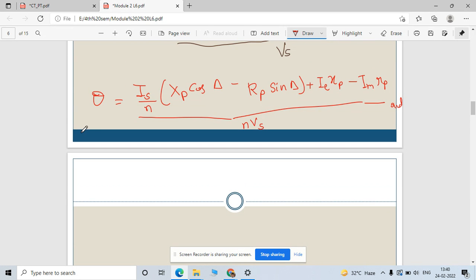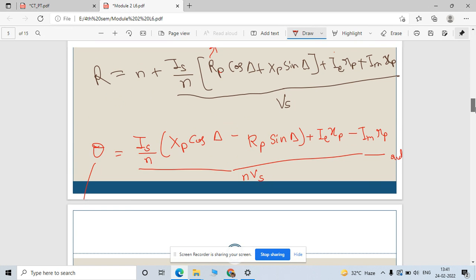So this theta angle you can also convert in terms of degree, and you can also convert it in terms of minute or second, depending on what you need. आपको जिस फॉर्मेट में चाहिए, then you can easily convert it.